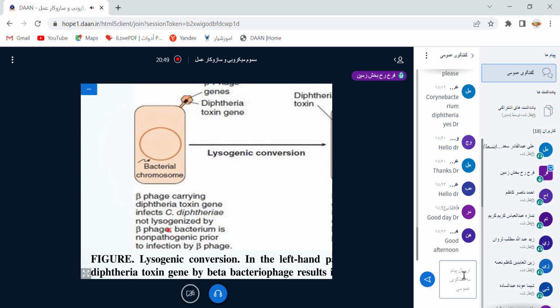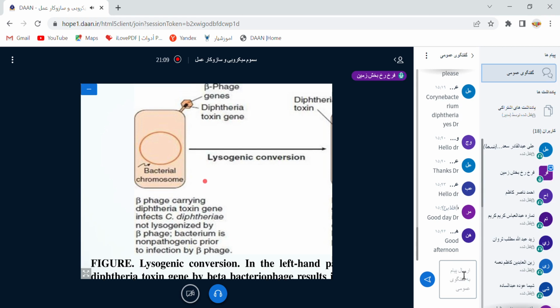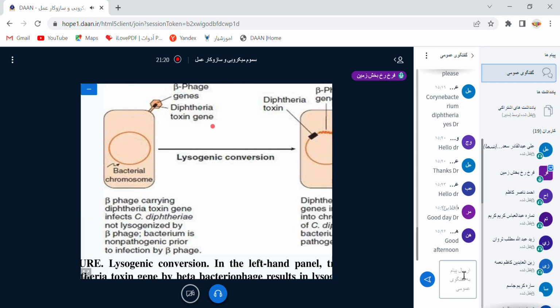But if it is lysogenized, if the genes of the virus are incorporated, now this bacterium has higher virulence. Now it is very pathogenic. So beta phage genes are very important because they contain the diphtheria toxin gene.